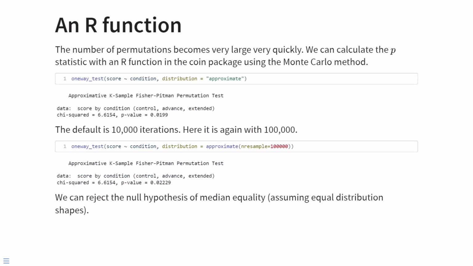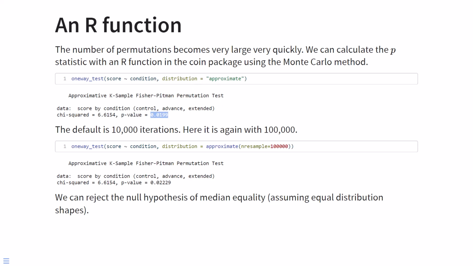The number of permutations becomes very large very quickly, so this function does not do an exact test. Nonetheless, we can calculate the p-statistic in the coin package using the Monte Carlo method. That is indicated here when I indicate it as an argument that the distribution equals approximate. The default is to do this with 10,000 Monte Carlo replications.